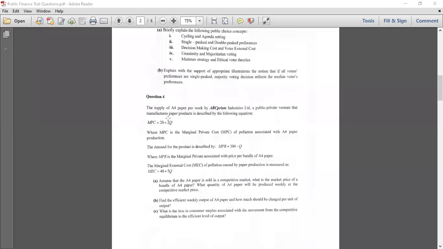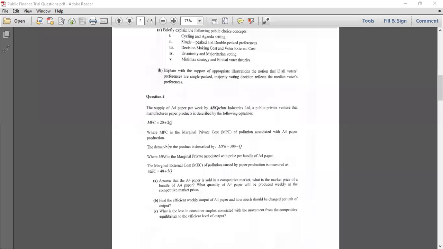The supply of A4 paper per week by ABC Prints Industry Limited, a public-private venture that manufactures paper products, is described by the following equations. The marginal private cost is given as 20 plus 2Q.